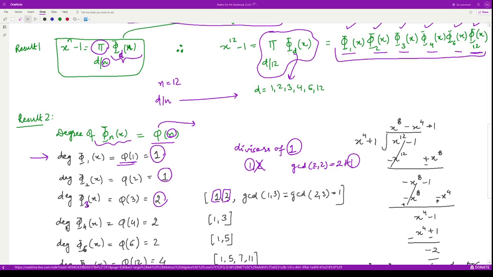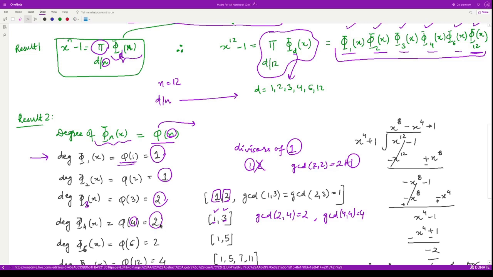Again, degree of phi 4 of x: the numbers less than 4 which are relatively prime to 4. That means we only have 1 and 3, because 2 divides 4, and the GCD of 2 with 4 is equal to 2 and not equal to 1. And the GCD of 4 with 4 is again equal to 4 and not equal to 1. Therefore, we have only 1 and 3, so 2 in total.